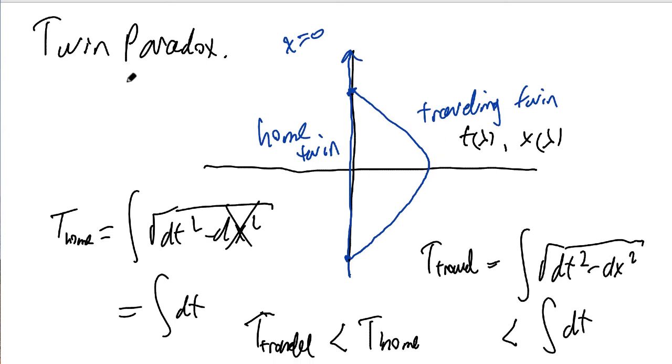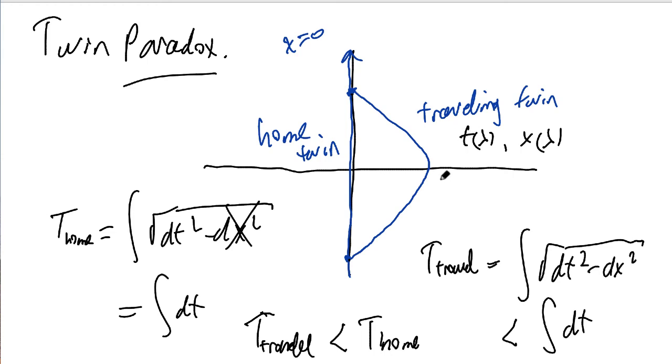Now, this is sometimes referred to as a paradox because one might say, well, what if I had a different coordinate system in which the traveling twin was at some constant x value and this twin had some non-trivial world line, some non-trivial t of lambda, x of lambda. Wouldn't it be the other way around, that we would find that the traveling twin ages more than the stay-at-home twin? And the answer is, of course, no, because if you can do that, you can change coordinates to a system in which the traveling twin is at rest in the sense that he or she stays at a constant spatial coordinate.